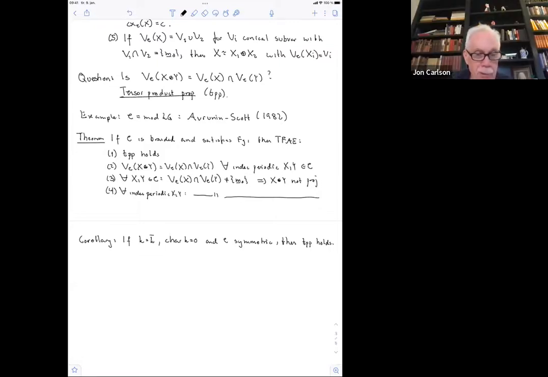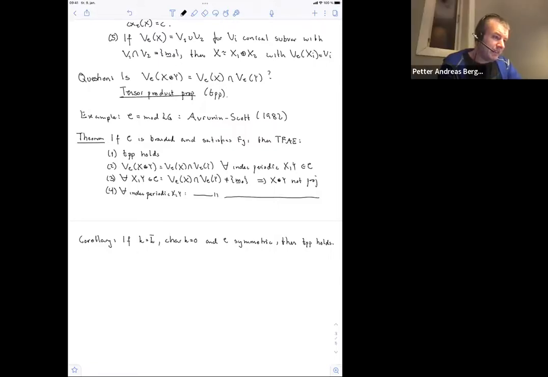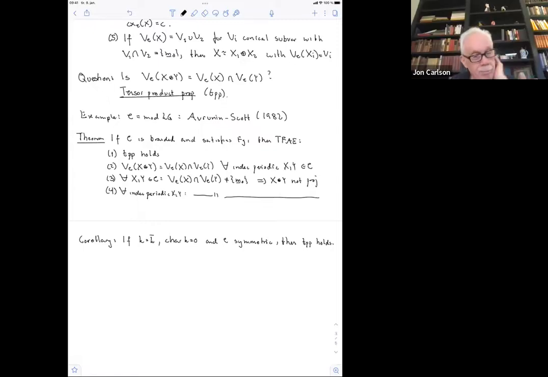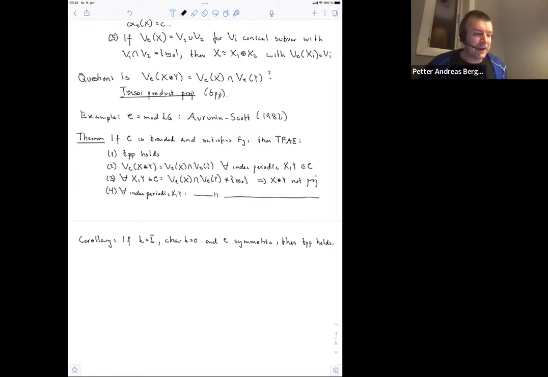Petter, what happens if you have only one simple object? Do you know? Can you get any further with some of these questions? Yeah, this would correspond, I guess, to looking at p-groups, right? Yes. So this is very interesting, and we haven't thought about this, but probably or hopefully one should be able to say something more in this case.